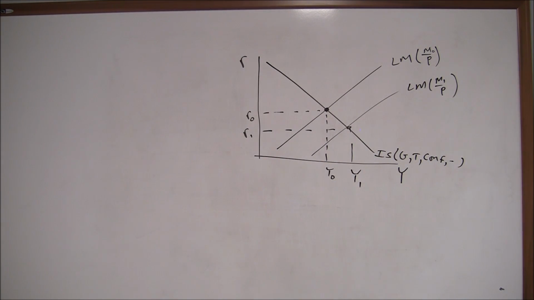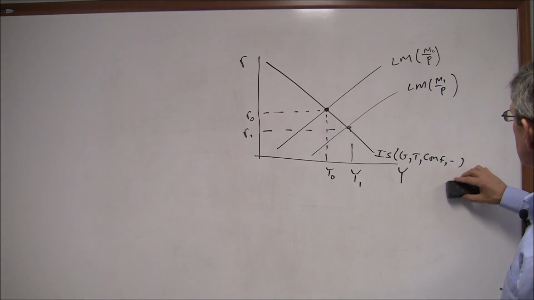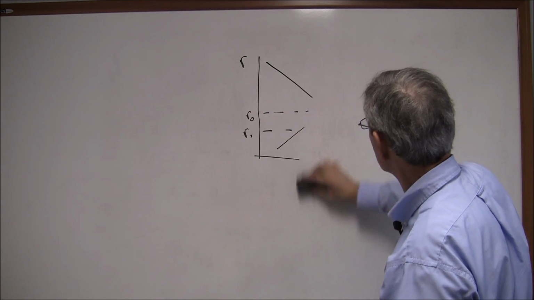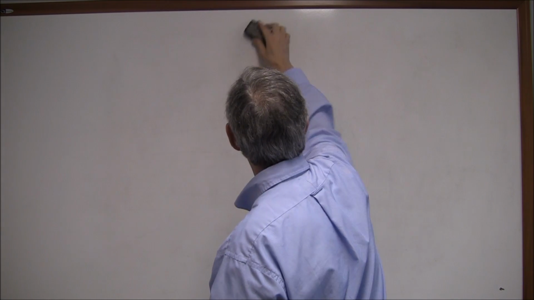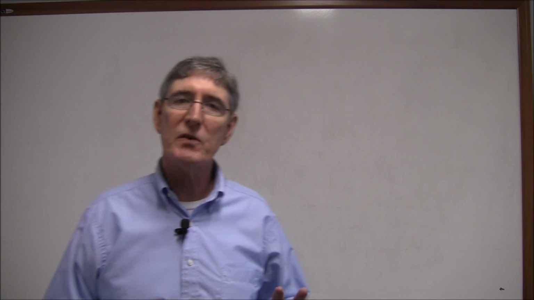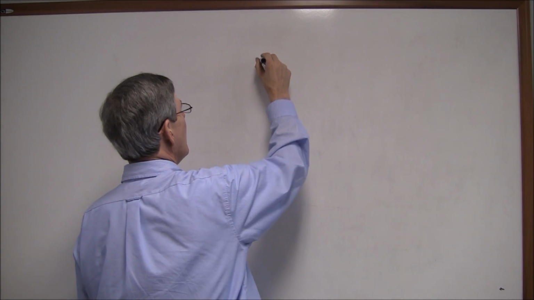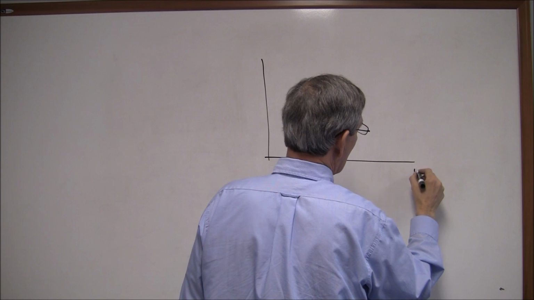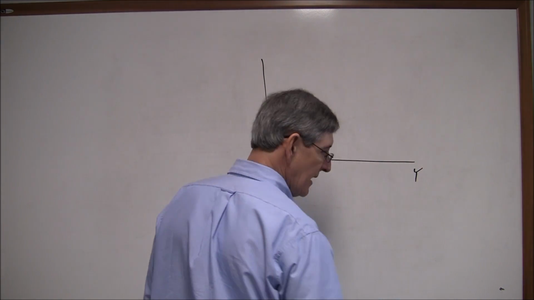Now, let me back up for just a second and go back to the money demand, money supply diagram and make a simple point. That the Fed can't control M and R at the same time.